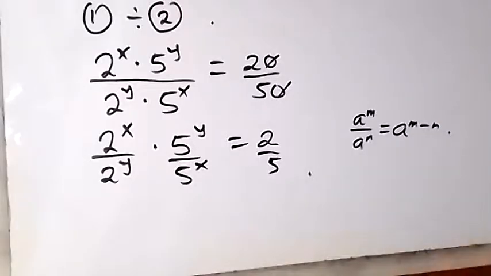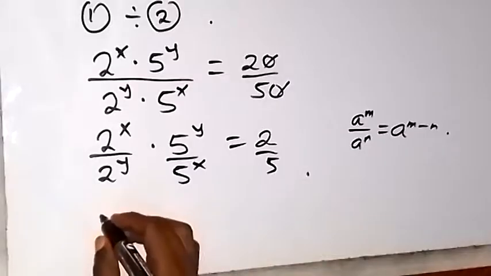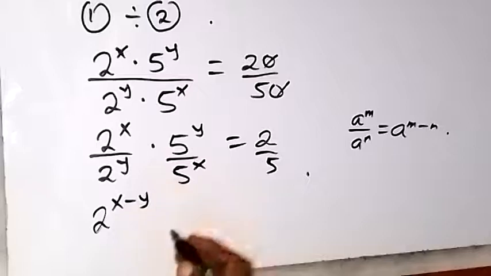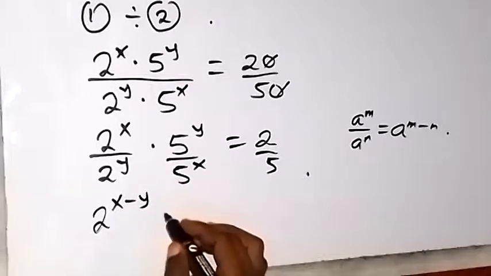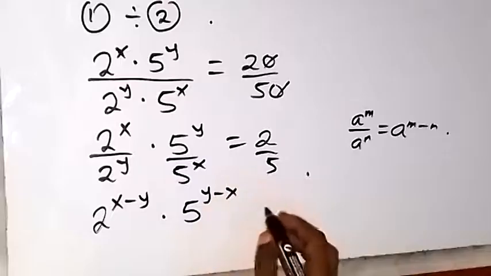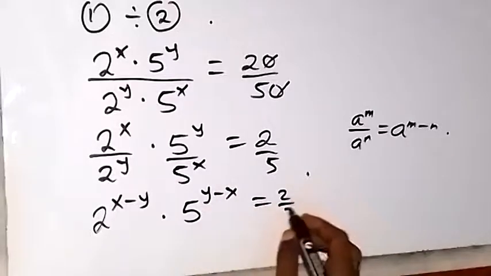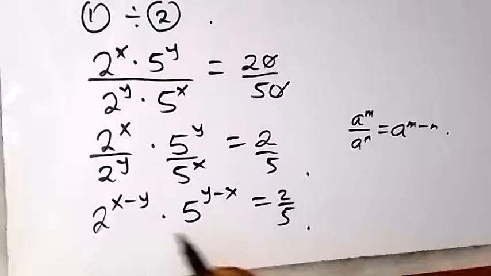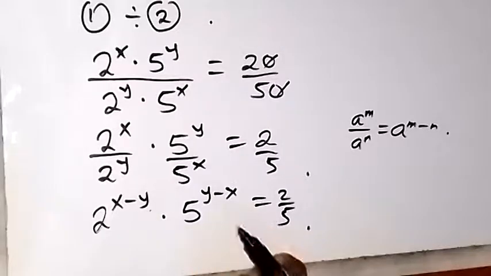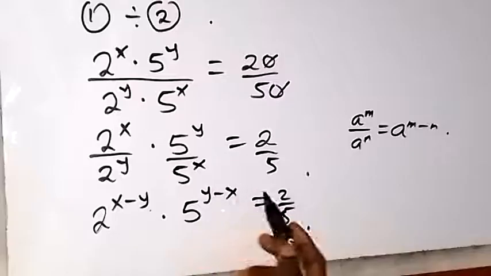So we can apply this law here, and therefore we can say this is 2 raised to power x minus y, then multiply by 5 raised to power y minus x equals to 2 over 5. And here we have x minus y, here we have y minus x. Let's try and make this to be x minus y.